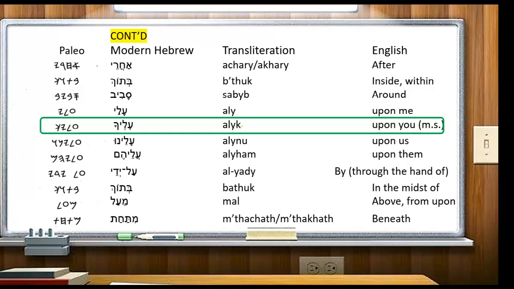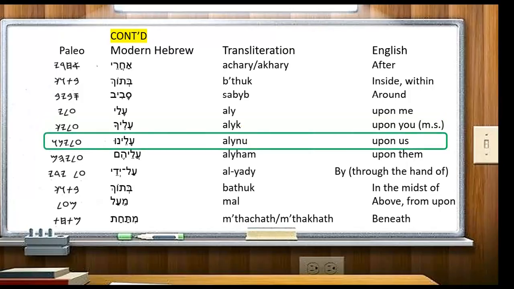And then we have upon us, we have the ain lamad al yad nu, and of course the nu coming from shalanu. And we move to upon them.